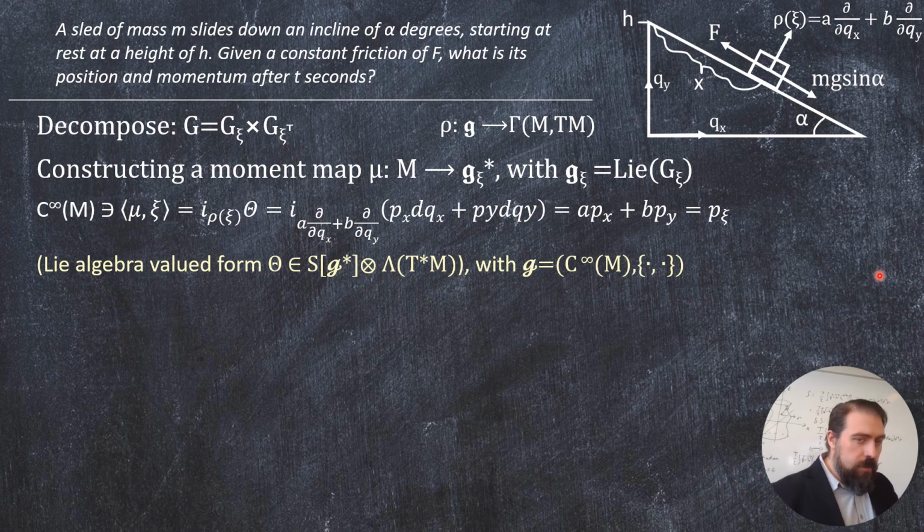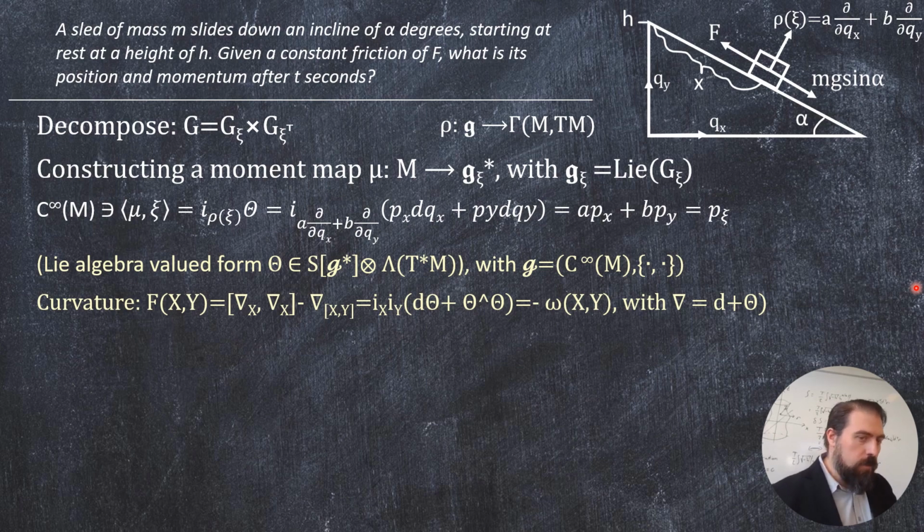As for that matter, the theta could be seen as a Lie algebra valued one form if we consider the Lie algebra that is not this Lie algebra, but rather the Lie algebra that is the functions on M along with the Poisson bracket, which is a very important Lie algebra.